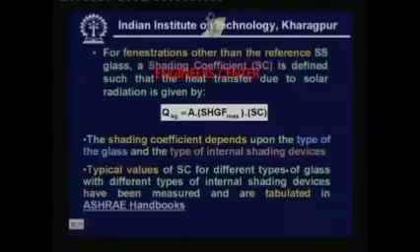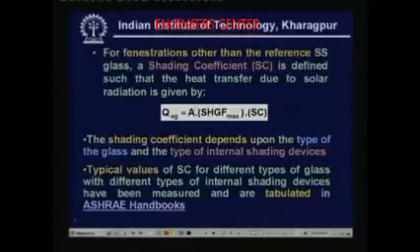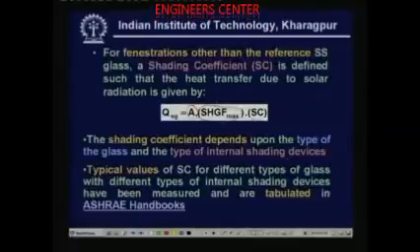Now, this data is for a standard reference glass. How about other glasses? For fenestrations other than the reference glass, a shading coefficient is defined. This shading coefficient is defined such that the heat transfer due to solar radiation is given by Q_SG equal to area A multiplied by SHGF maximum of the standard glass multiplied by the shading coefficient.